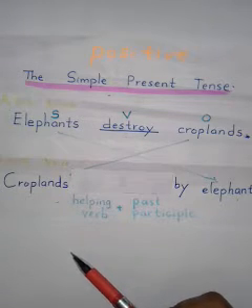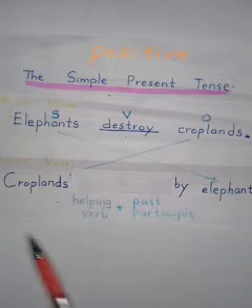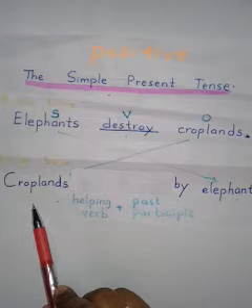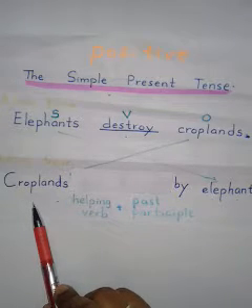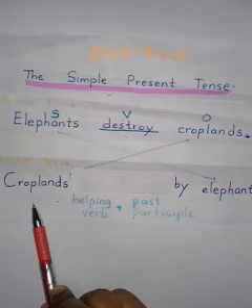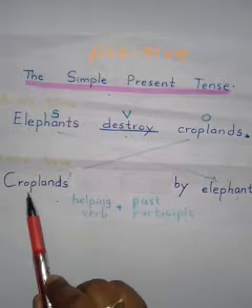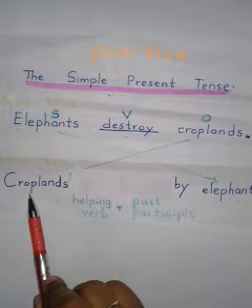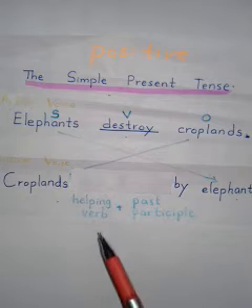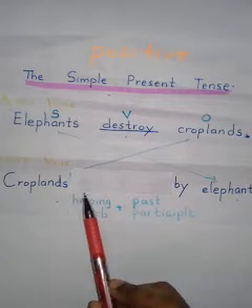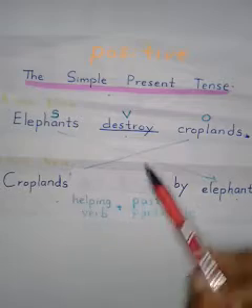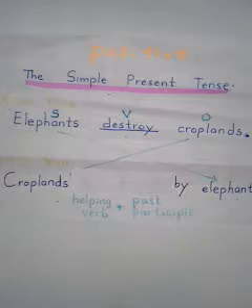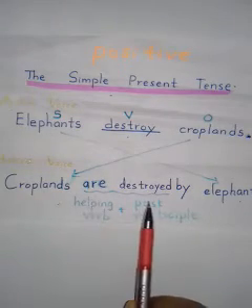The correct helping verb must be selected according to this new subject. නිවැරදි helping verb එක අපිට තෝරගන්න වෙන්නේ මේ අලුත් subject එකට අනුව. Croplands, that is in plural. ඒක බහුවචනෙන් තියෙන්නේ. So we must use the helping verb are. And then the past participle of this main verb. Are destroyed.